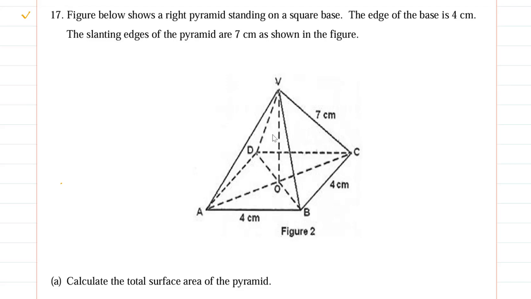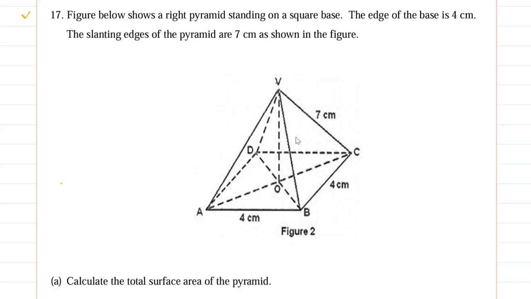So if you look at this pyramid, we have the base A, B, C, D, which is a square base of sides 4 centimeters. And then the slanting surfaces are A, B, and V, and then back to A. That is one of the slanting surfaces or planes.